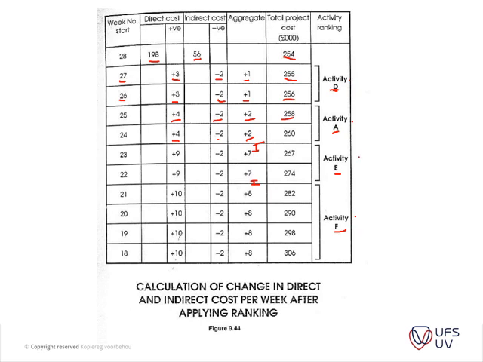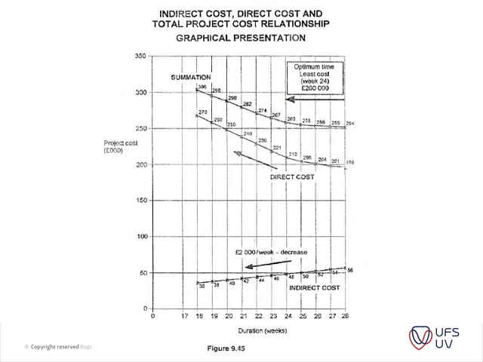So all that we do now is plot this on a graph. Our indirect cost is very easy. We've got our normal cost of 55,000, and we reduce it to 56, sorry, 56,000. We reduce it by 2,000 each week that we reduce our project duration.